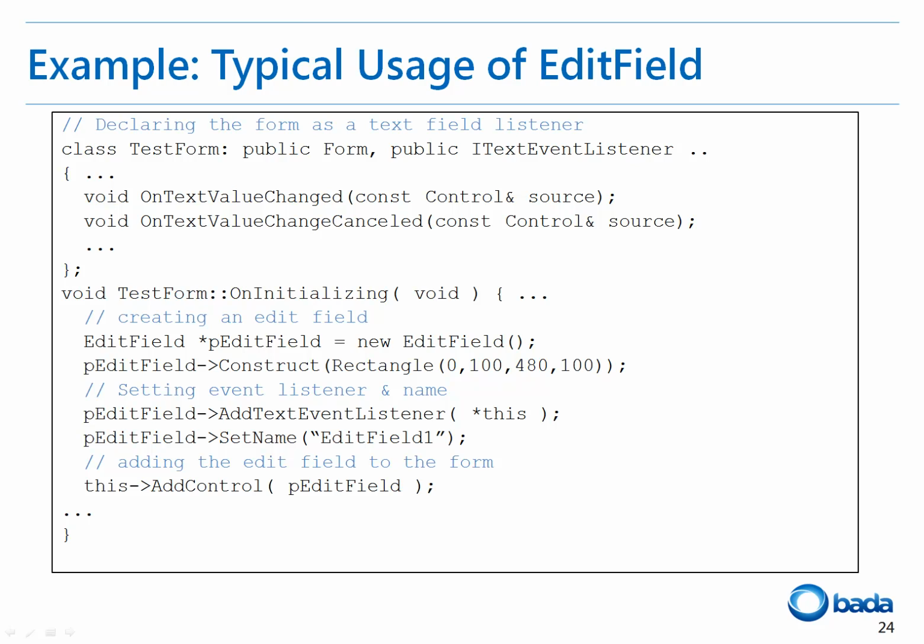In order to register for the text events, the edit field calls addTextEventListener with the argument as this pointer, which means that the current class will receive all text-related events from the edit field. The setName method sets a name for the control, in this case, the edit field control. Finally, the edit field control is added to the form using addControl.